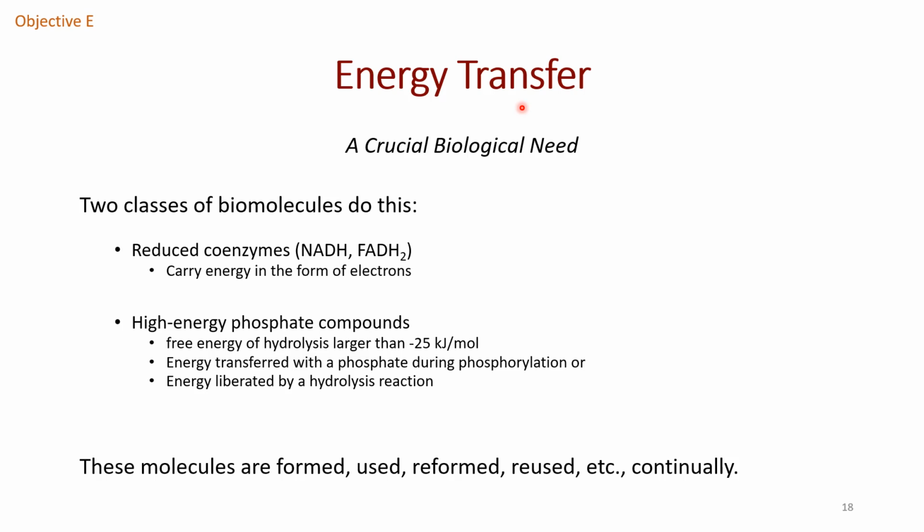And in order to do that, we know that there is energy contained in electrons. And so these coenzymes that carry electrons like NADH, the hydride, or the FADH2, 2 electrons, 2 protons, they can carry that energy. And the high energy phosphates are going to carry energy because that phosphoanhydride bond, which we'll see in a moment, is a very energetic bond. And so just the fact of having a phosphate oxygen phosphate will give a lot of energy.